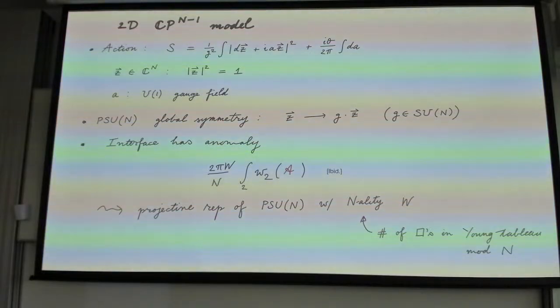W2, it's some invariant of PSU(N) gauge fields, the second Stiefel-Whitney class. Obstructions are lifted into an SU(N). Okay, you're integrating it over through 2. Over 2. What's 2 in the subscript? Is that 2D space? Yeah, 2D space. Yeah, it's a subscript 2.